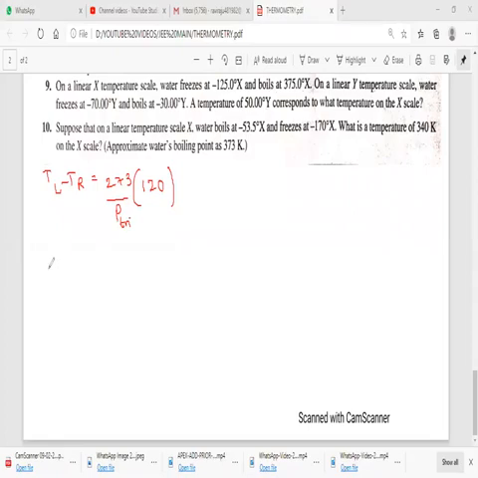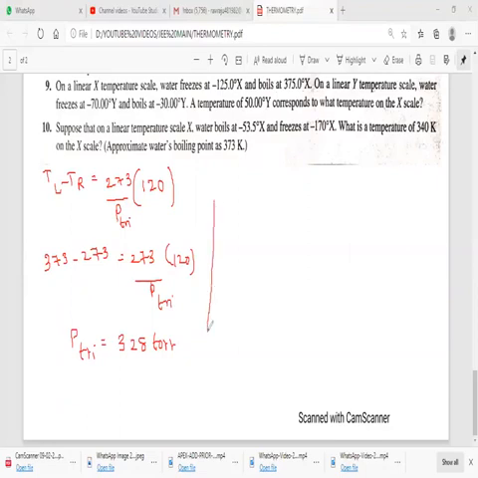So you can write here the boiling point temperature, let me consider on the left side, 373 minus the triple point temperature 273, equal to 273 into 120 by P triple point. So by calculating this, you will get the answer for P triple point, which is equal to 328 torr.